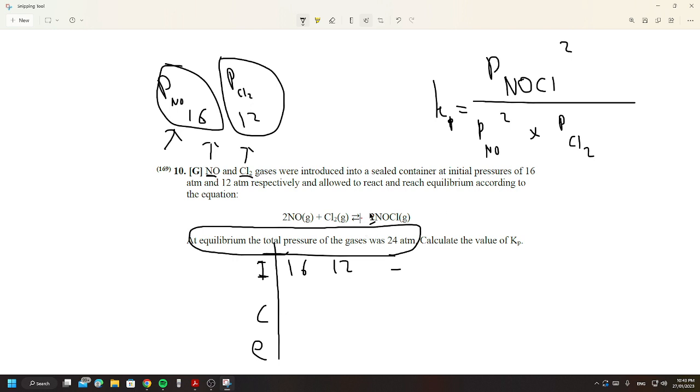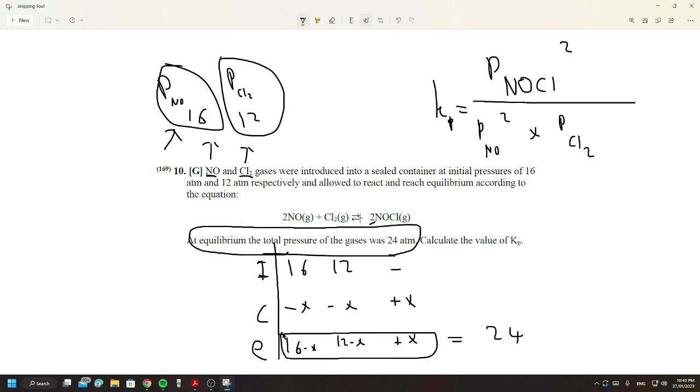Here they didn't give us a pressure of NOCl, therefore we can assume that the products were consumed to form a reactant. So here we could say 16 minus x and 12 minus x, plus x. All of this we could say is equal to 24, because now this is at equilibrium, right? These are all the pressures at equilibrium, and we know the total pressure is 24. So from this, we could solve for x.